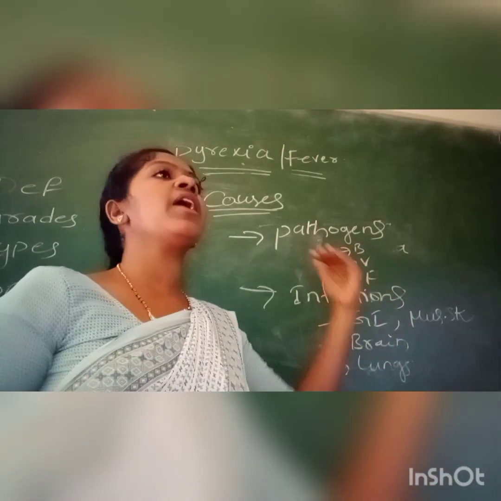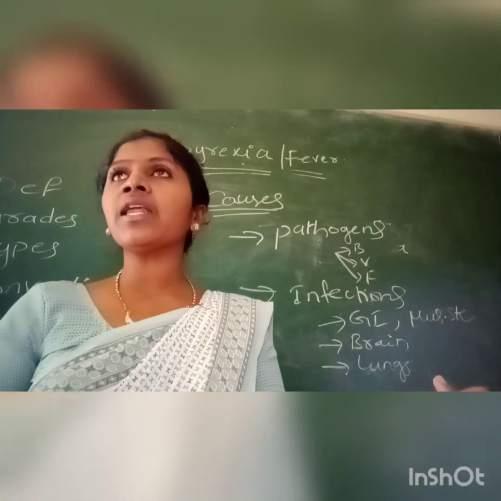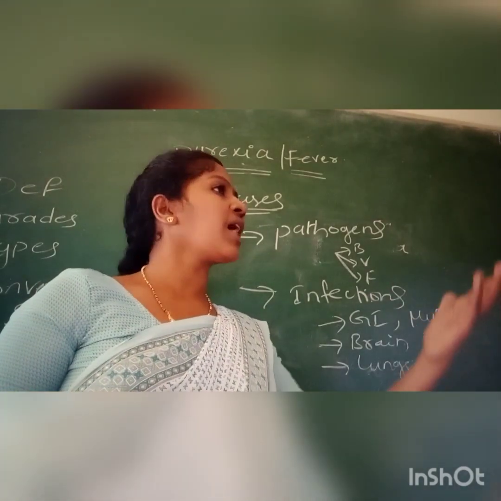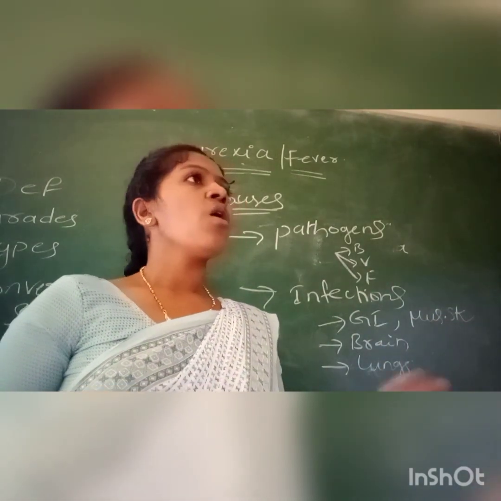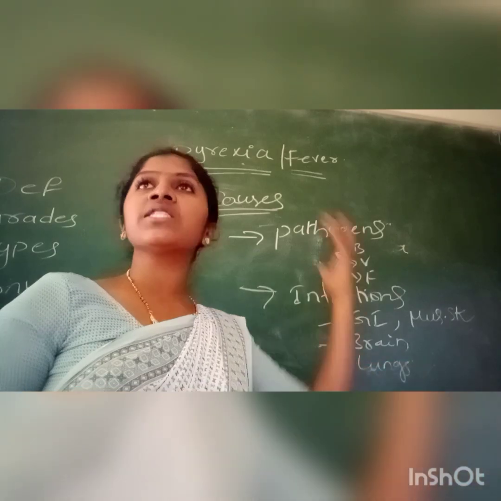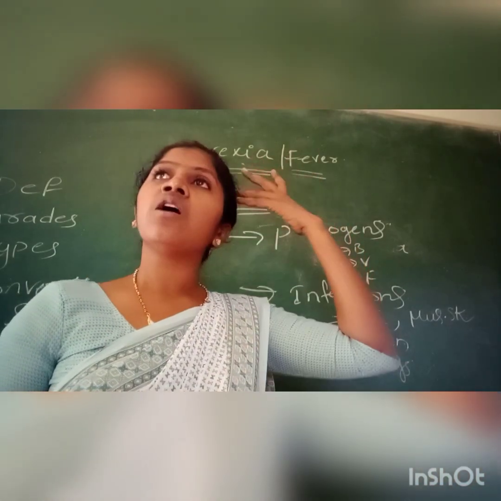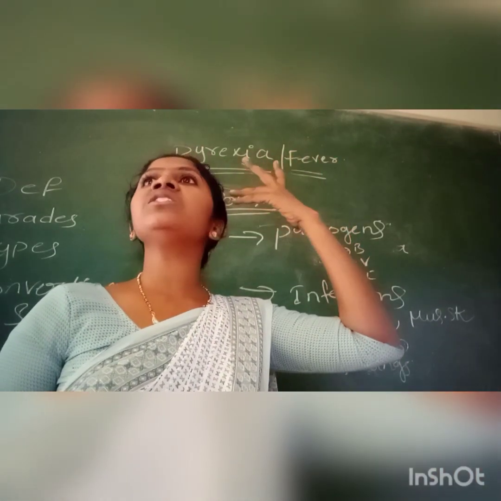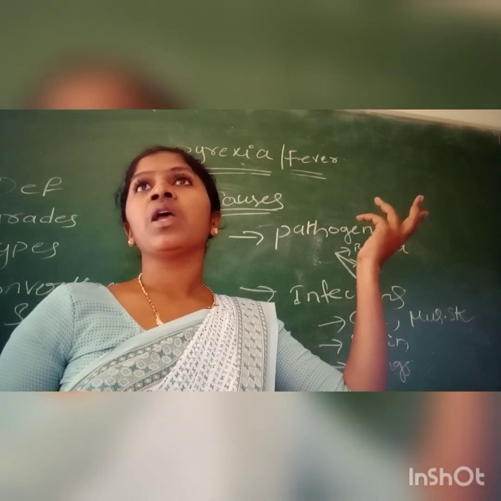And infections, any infections. After a pathogen enters, what does it cause? It causes infection, right? So where does the infection take place? System-wise. Neuritis or meningitis is caused by bacteria, right?